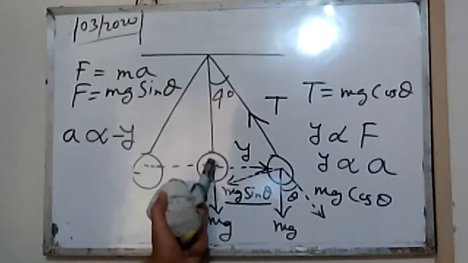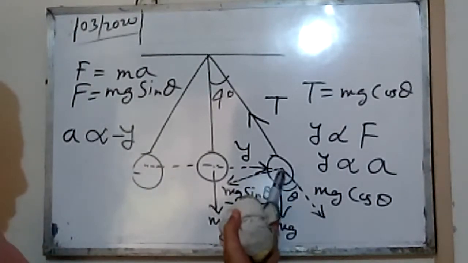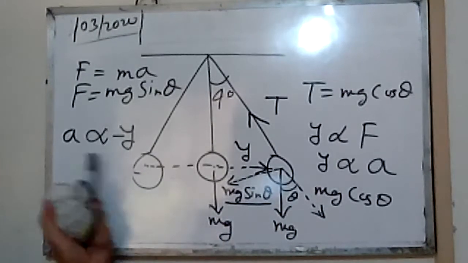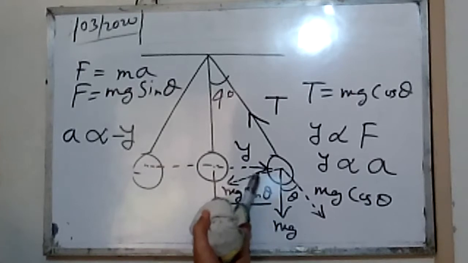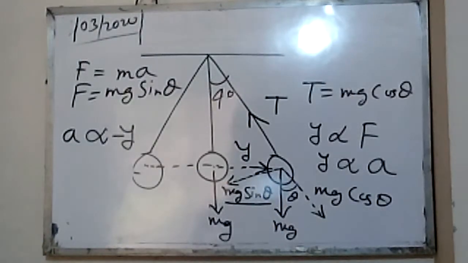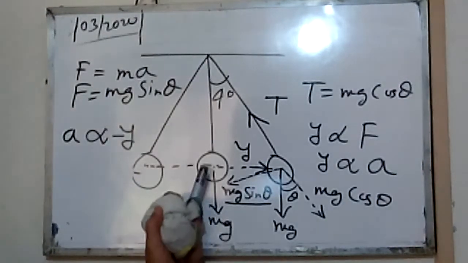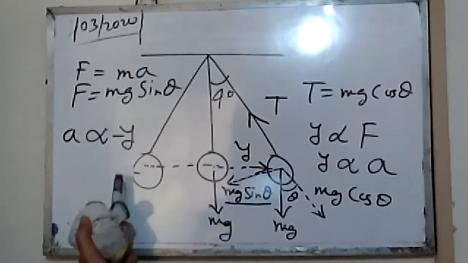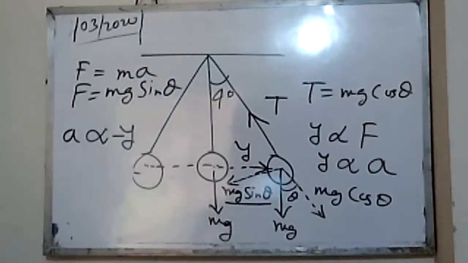Displacement y, but mg sin theta, F, or acceleration a acts in the opposite direction. And the maximum displacement of the bob is the same on either side. The left side and the right side are the same. These are the characteristics of simple harmonic motion.